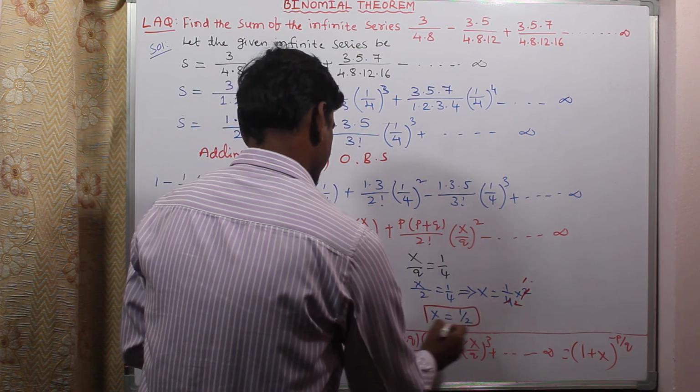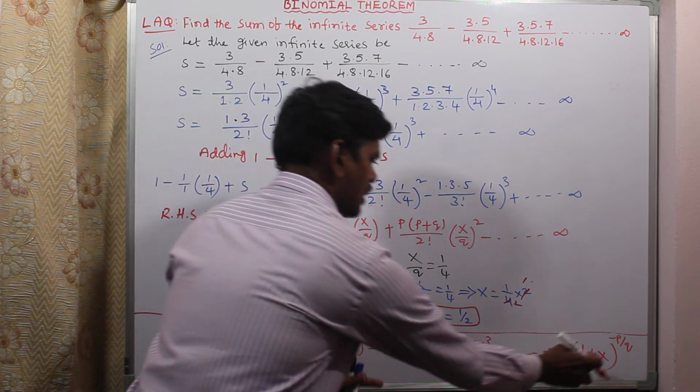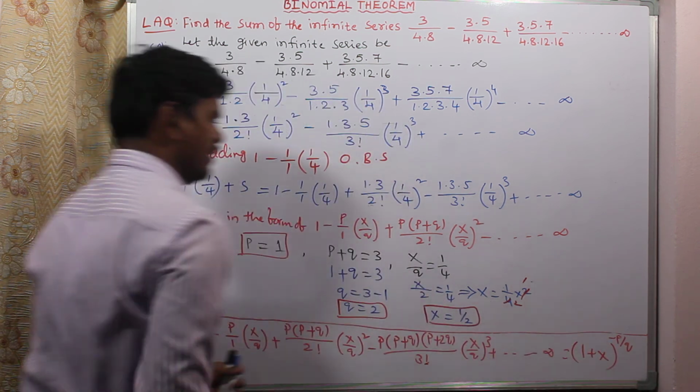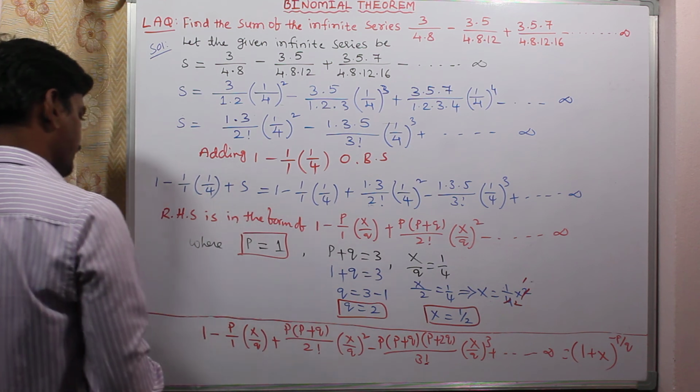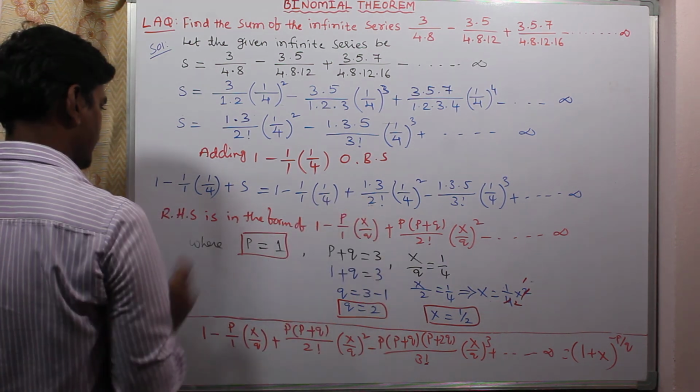Now with the help of the three values p, q and x, I can go for the binomial form. So now the RHS can be replaced with the binomial.